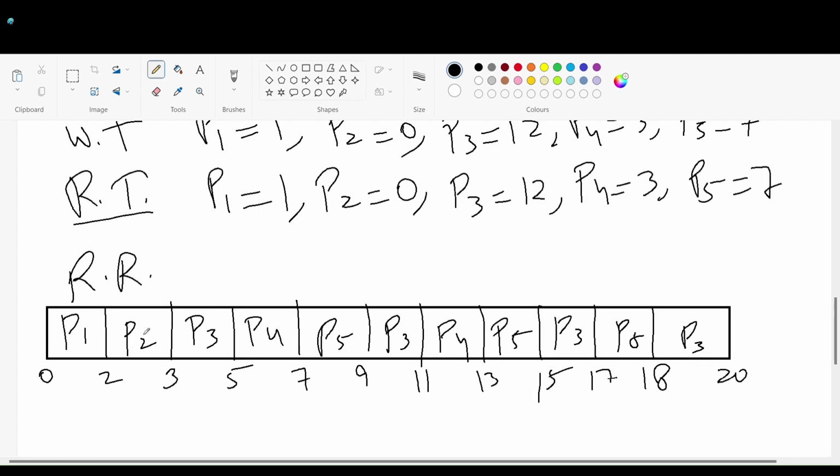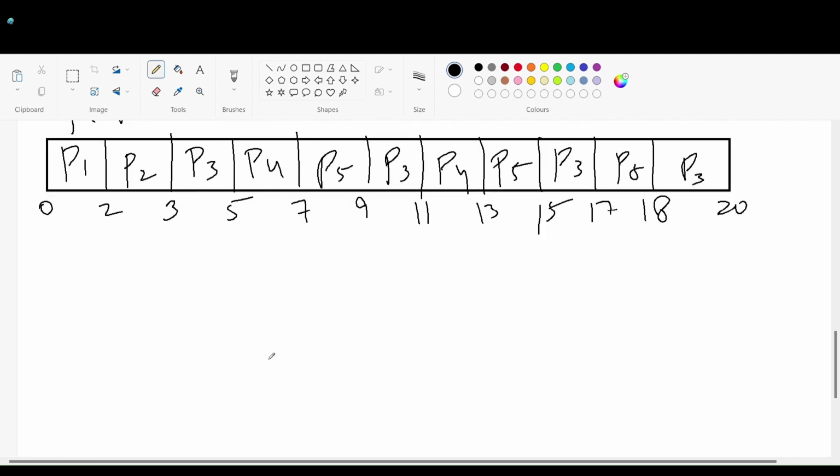Now the round robin algorithm. In the round robin algorithm you will find the turnaround time, okay, for P1. P1 enters the system at 0 and finishes at 2.